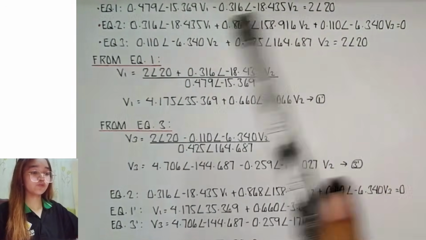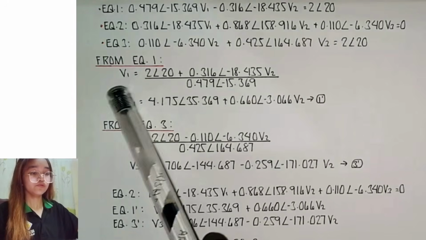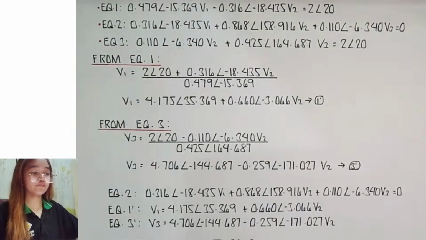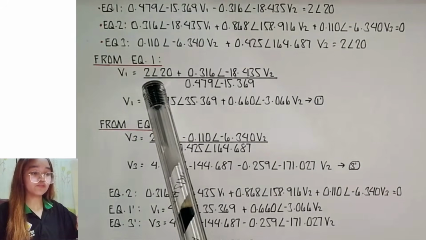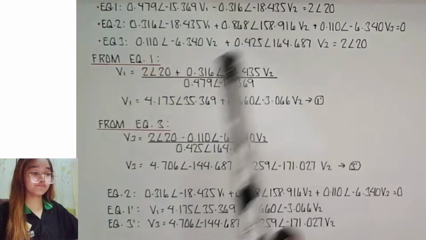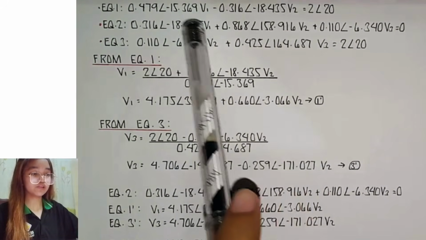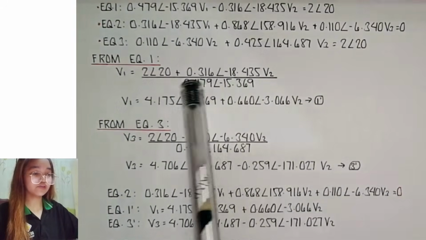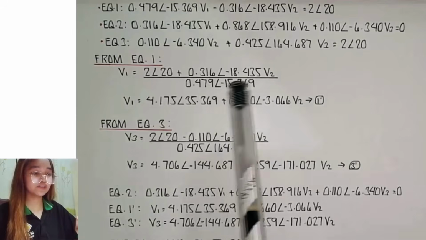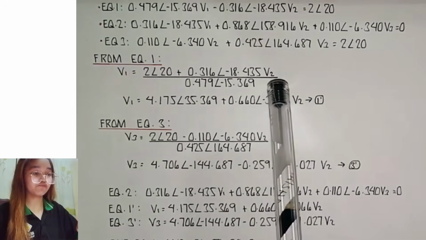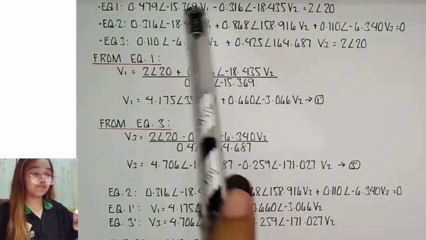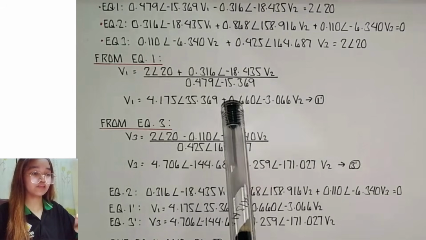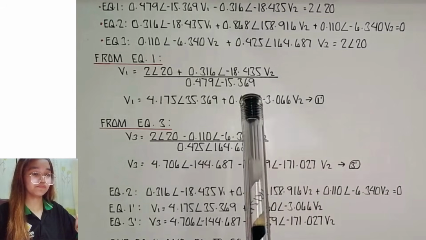So from equation 1, we can get the V1. V1 is equal to 2 angle 20 plus, we will transpose this to the other side, so plus 0.316 angle negative 18.435 V2, and divide both sides by 0.479 angle negative 15.369.